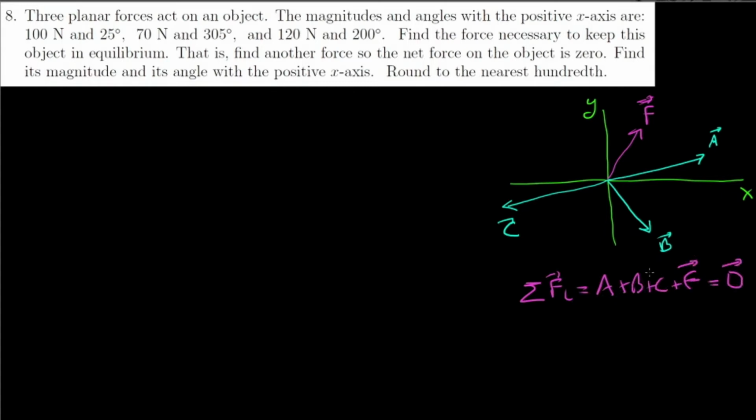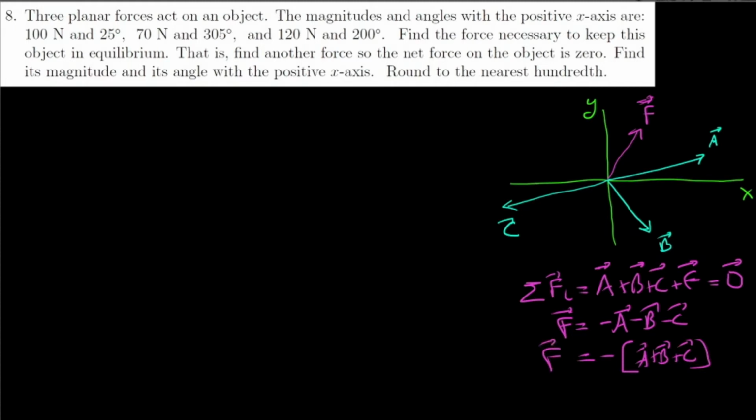These are all vectors, so don't forget the arrows. So what is F then? The force we're looking for is just going to be negative A plus negative B plus negative C. So essentially just add up these 3 vectors, A, B, and C, and then take the opposite. So it's the opposite of A plus B plus C. Okay, so that's the force we're looking for.